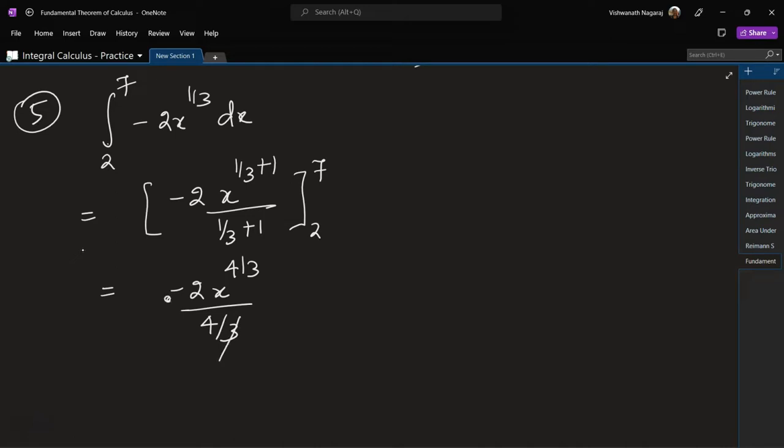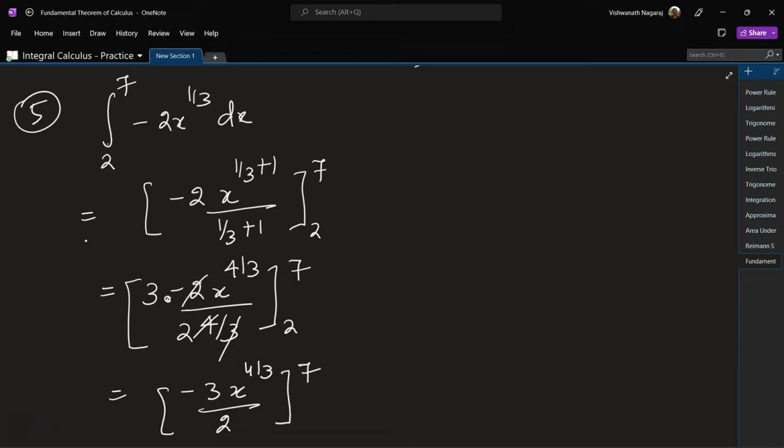This 3 we can take it up, 2 and 4 get cancelled, from 2 to 7, okay, which gives us minus 3x to the power of 4 by 3 by 2, 7.